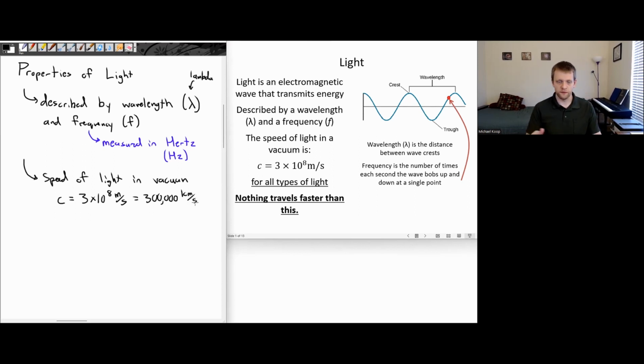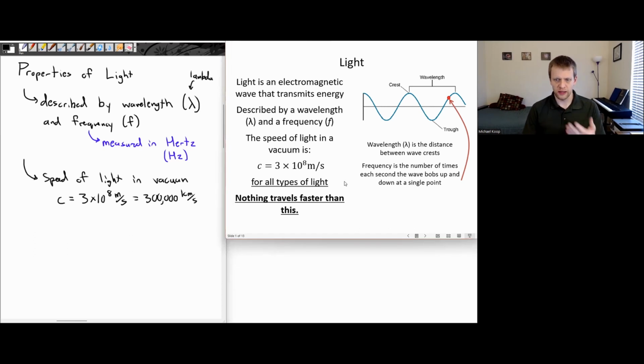And as far as we know, for reasons that we're not going to go into too much detail in here, nothing can travel through space faster than this speed of light. It is the fastest possible thing in the universe. Again, we're not going to go into too many of the details of that, at least for now.